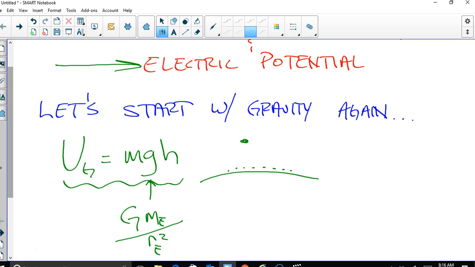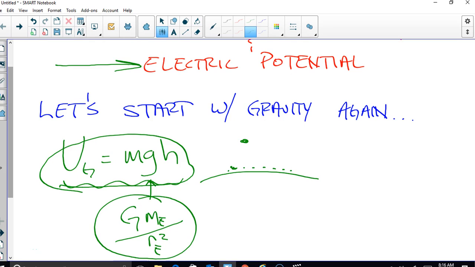We don't really discuss that aspect, because we just assume even the tallest skyscraper that we're going to drop objects from, g is still basically 9.8. It's all within 9.8.